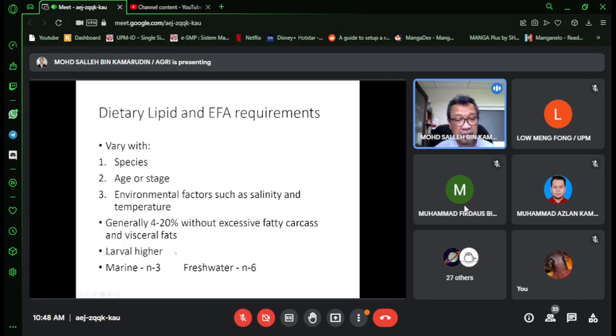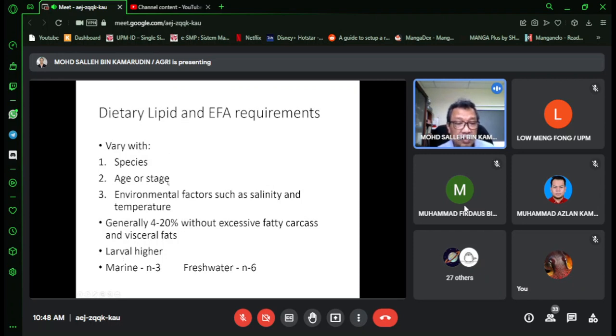Alright, in general, the range that fish require is as low as 4%, as high as 20%, especially for salmon, semua dia around 20% lipid are required. Kalau excess, more than that, kadang-kadang depends on fish, dia akan jadi fatty carcass dan juga visceral.